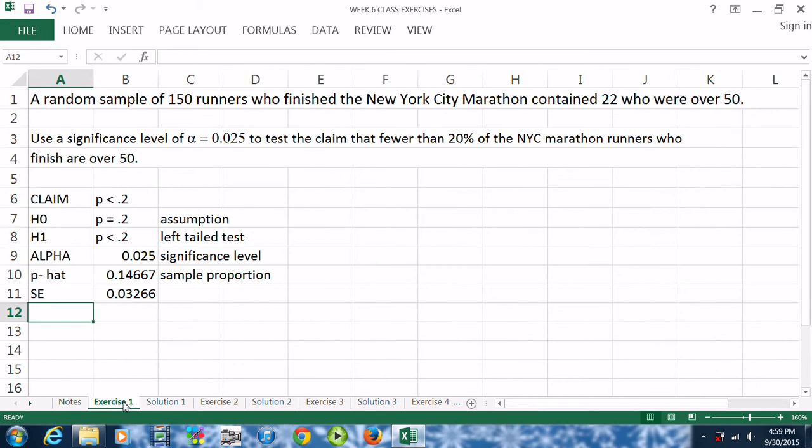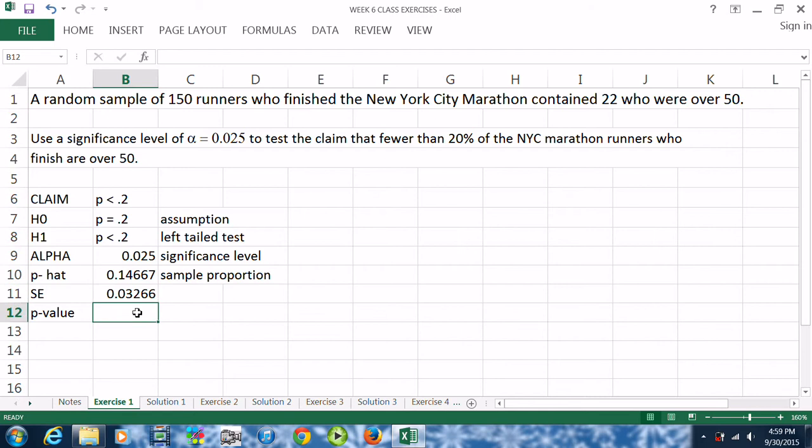So, we are working with a normal distribution. To find the p-value, or the probability of being in the tail, we use a norm dist. Since this is a left-tailed test, we want the probability of being in the left tail, where the left tail is defined by our sample statistic of 0.1467.